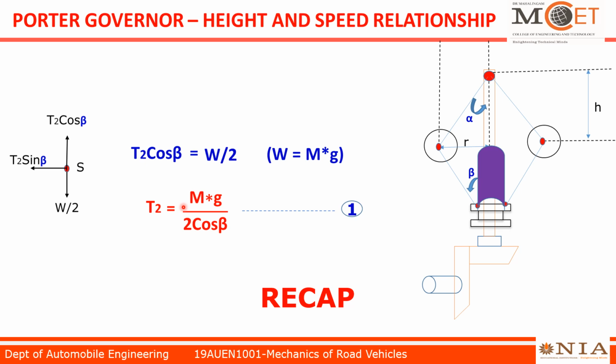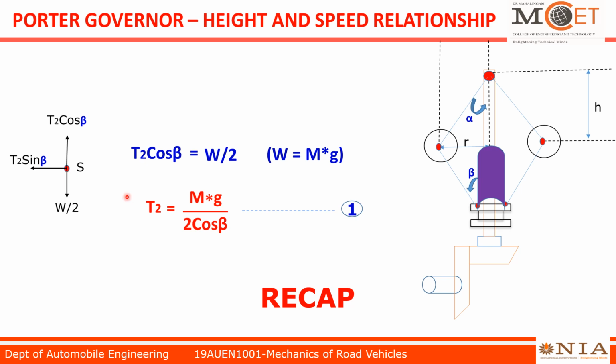These forces are again resolved. To find the characteristics of Porter governor, first two force members were selected, but there was no two force member, so we went for three force member at the sleeve point here. This point has three forces: one tension in this direction that is resolved into two forces, vertical direction force and horizontal direction force, and half of the central load acting in downward direction because of gravitational force.